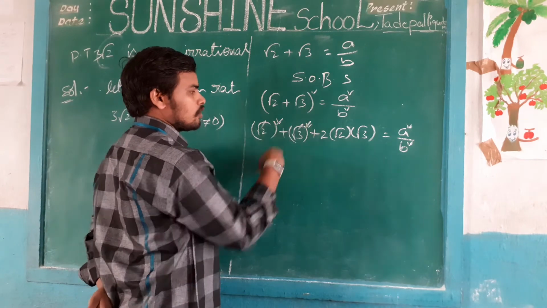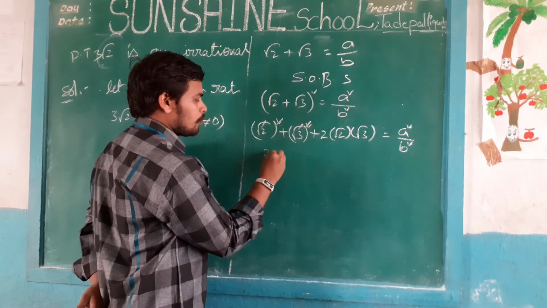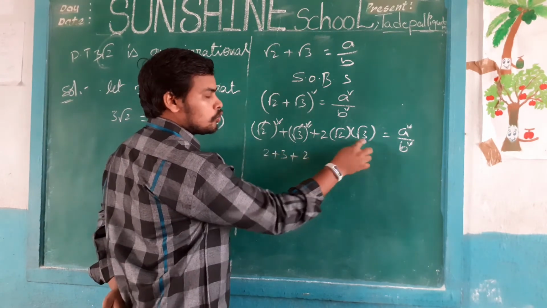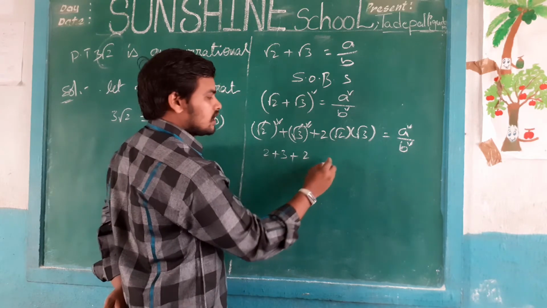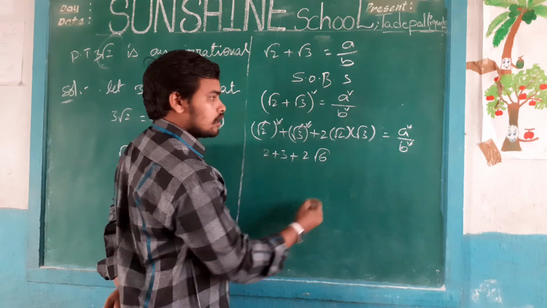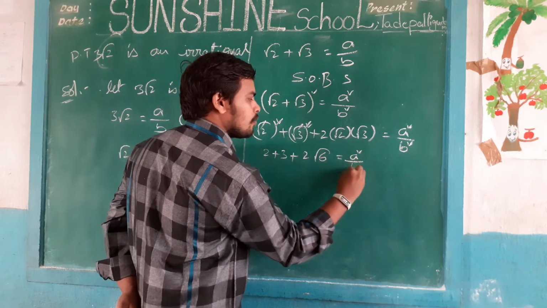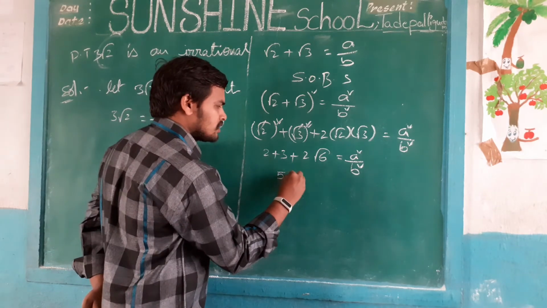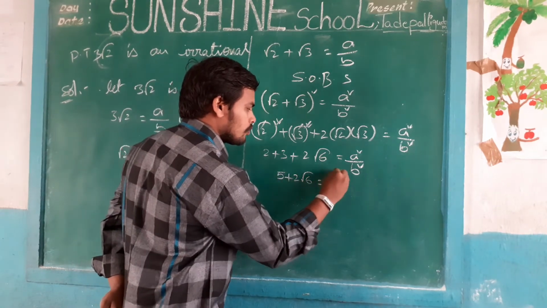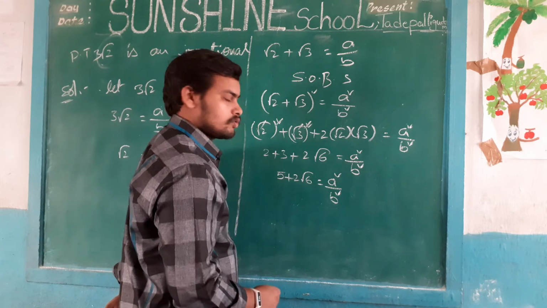The square roots cancel: 2 plus 3 plus 2 root 2 into root 3. 2 into 3 is 6, so root 6, that equals a square by b square. 2 plus 3 is 5, so 5 plus 2 root 6 equals a square by b square.